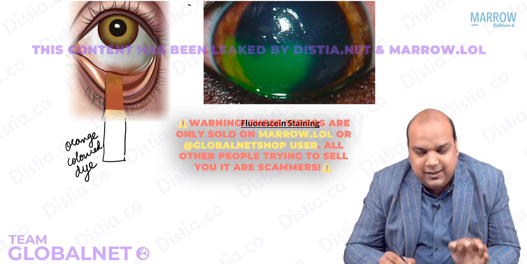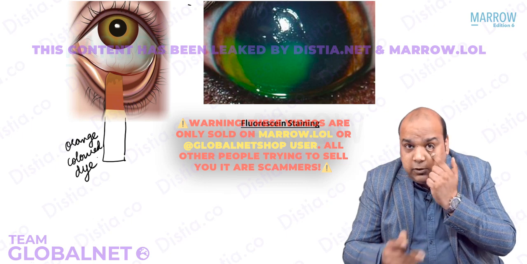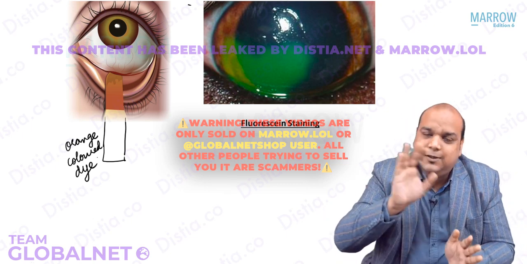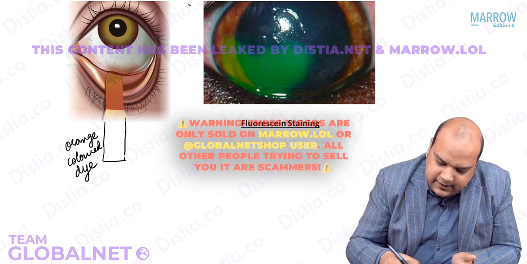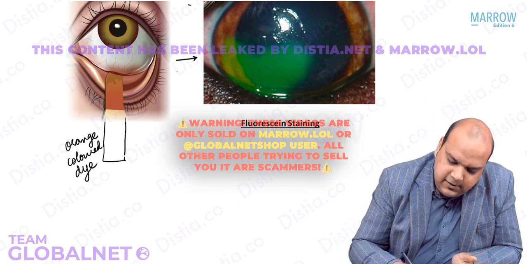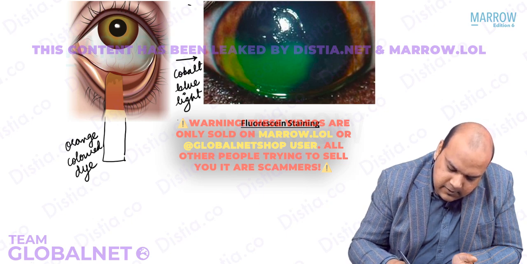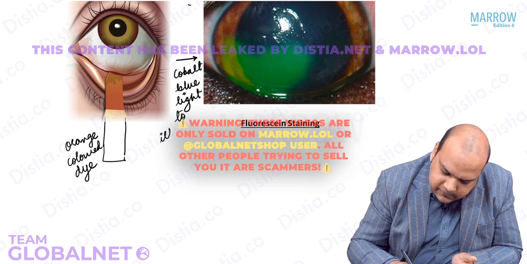Okay? We take a strip, we put it into the lower fornix, we stain the whole cornea or the surface of the eye. Then, if you see, we use cobalt blue light to illuminate.